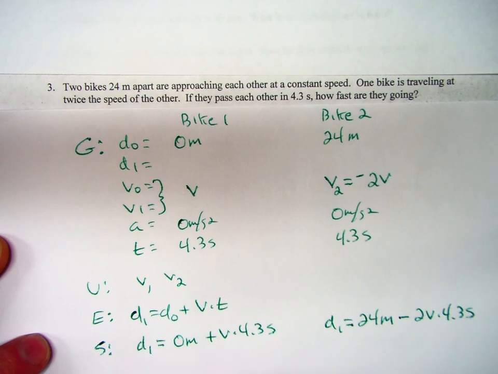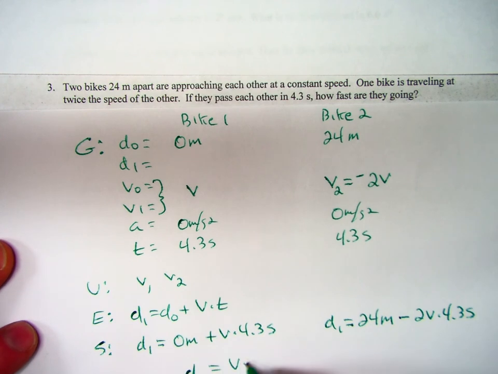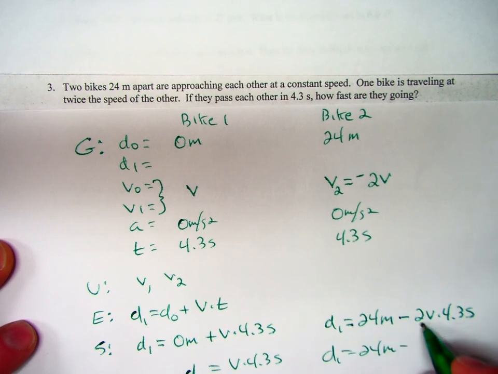Okay, so when we solve for this, we've got D1 equals V times 4.3 seconds, and D1 equals 24 meters minus 2 times 4.3, which is 8.6.